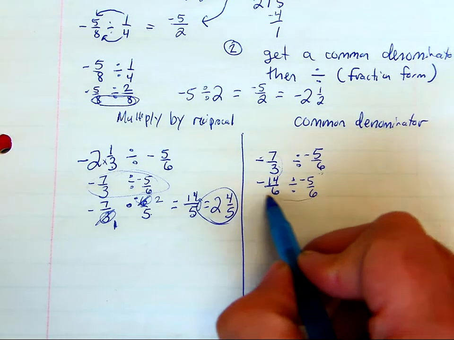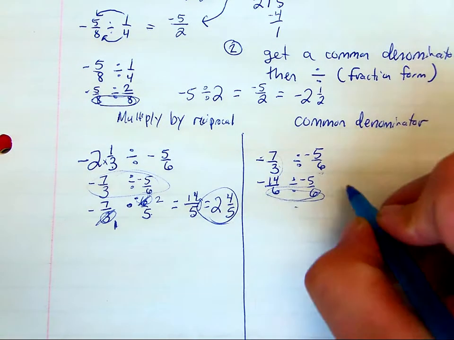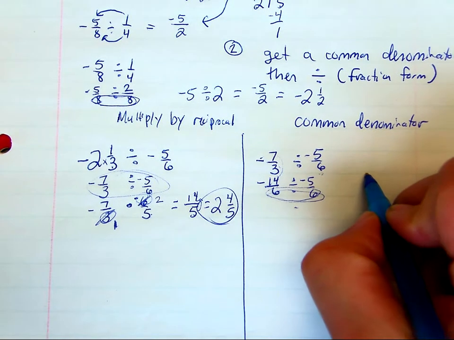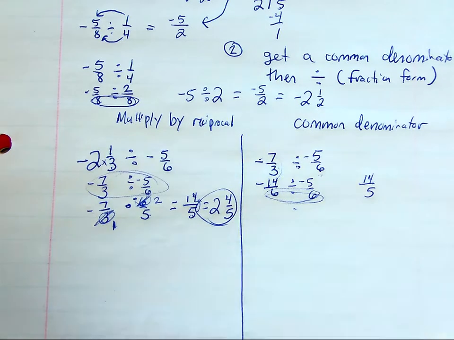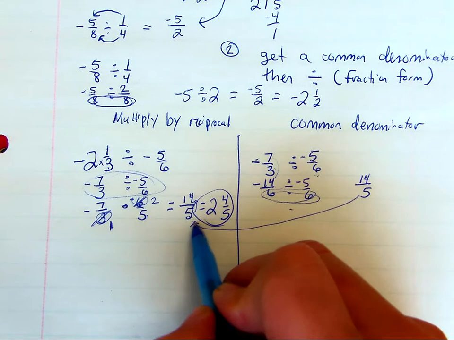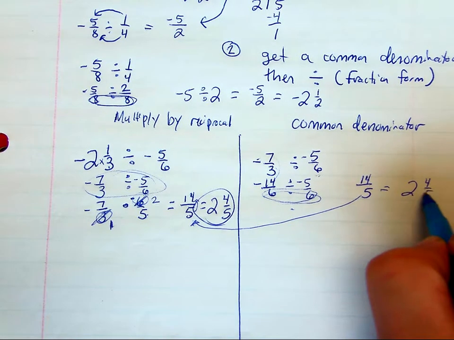So then again, 6 divided by 6, that's going to make 1. So negative 14 divided by negative 5 would be 14/5, which is exactly what we got here. See, that's the exact same thing. So it's going to equal 2 4/5.